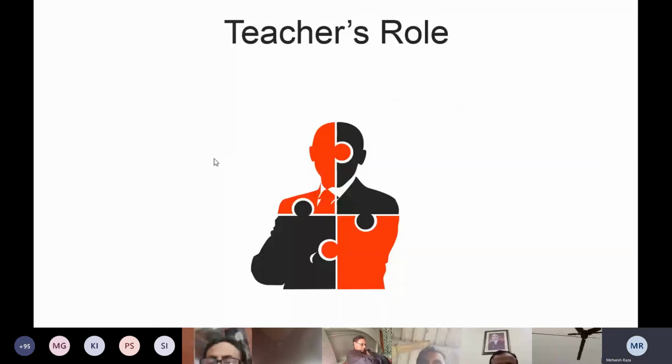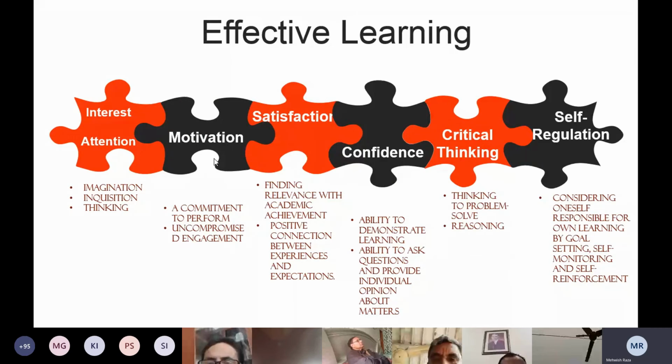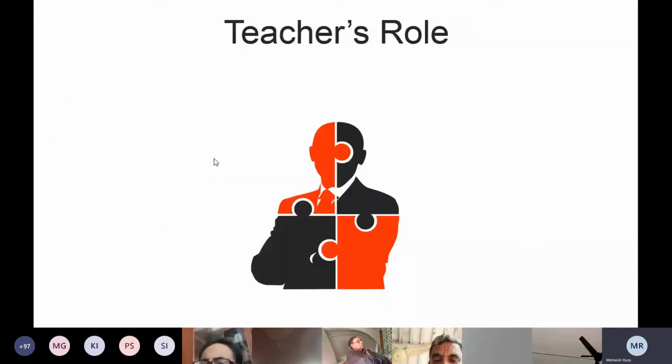Now, to do all of this, to demonstrate and practice effective teaching, what sort of competencies should you have? That's another very important question. Before we talk about the strategies, these are the prerequisites. Aapka kya role hai? Aapne kaise apna role perform karna hai?